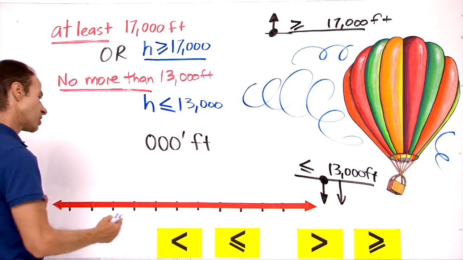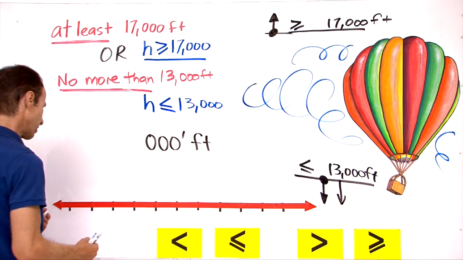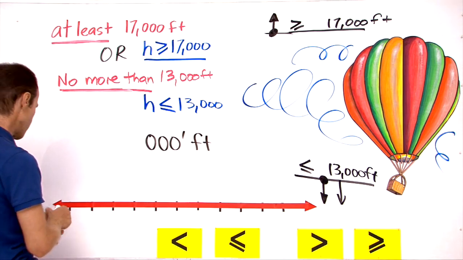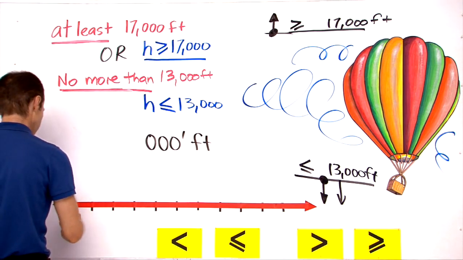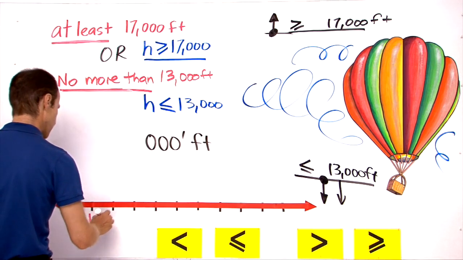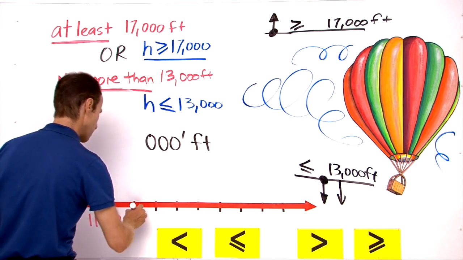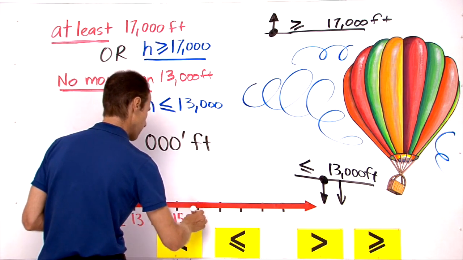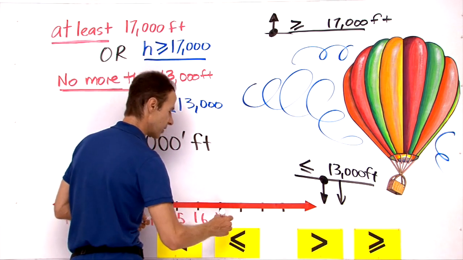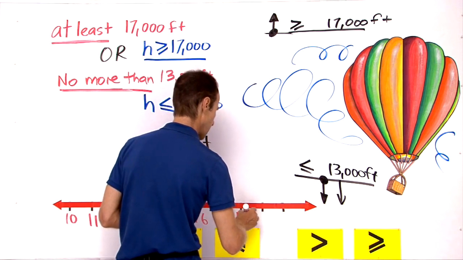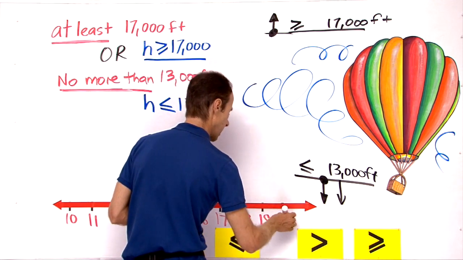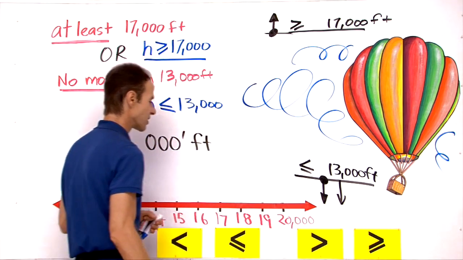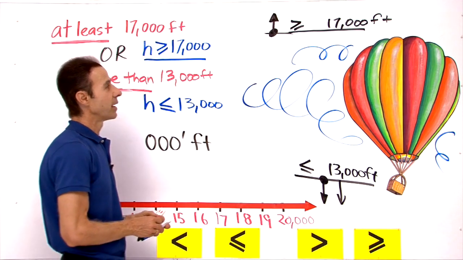So we shall begin, given the number line is horizontal here, let's start at 10,000 feet. Yeah, 10,000 feet would be good, so we'll do 10,000 feet, 11,000, 12,000, 13,000, 14, 15, 17,000 feet, 18, and 20,000. Let me just put the 3 zeros there. 20,000 feet.